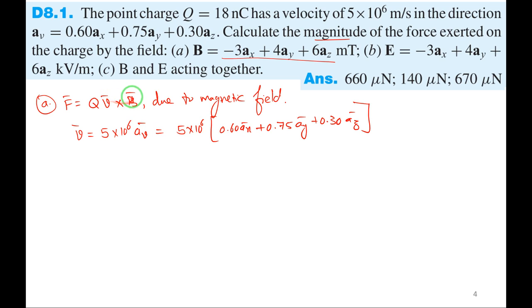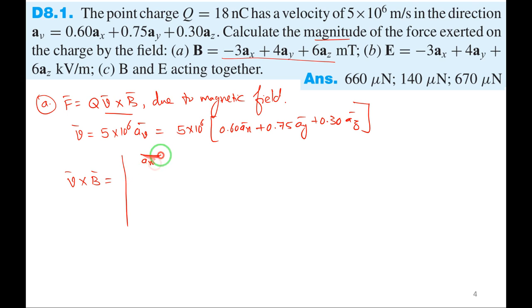We have V vector, we have B vector. Then first we'll take the cross product, V vector cross B vector. V vector is in Cartesian system, B vector is also in Cartesian system, and we know how to take the cross product in Cartesian system.